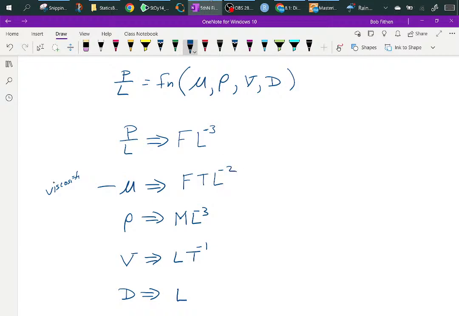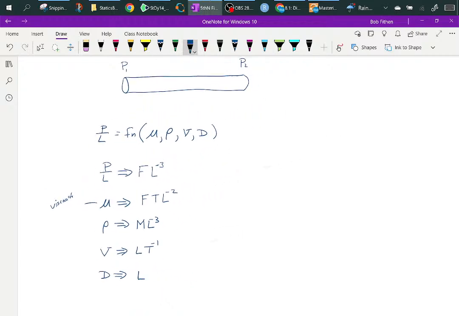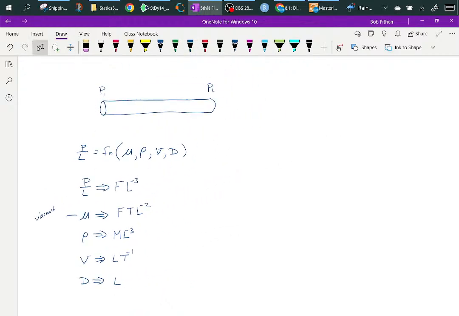So then what I'm going to do is say, okay, you've got to choose one or the other. You never find a variable that mixes them. What you notice is F and M are interchangeable, so you'll never find pounds per square inch with a pound and a slug together.